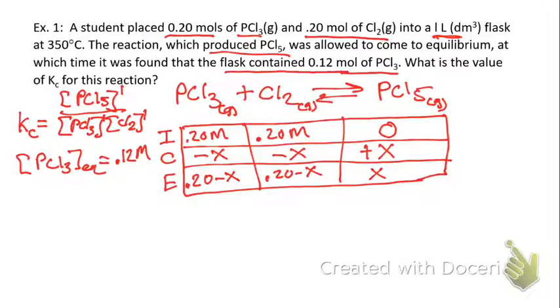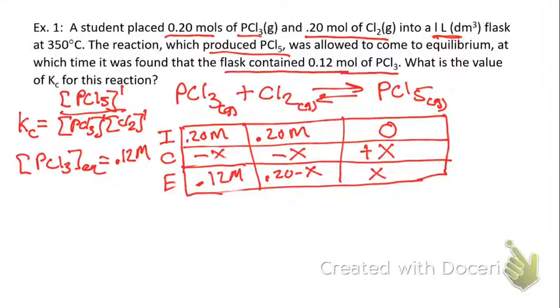So that means I can erase this term, fix my ICE box here, and I know that the equilibrium concentration for PCl3 is 0.12 molar.